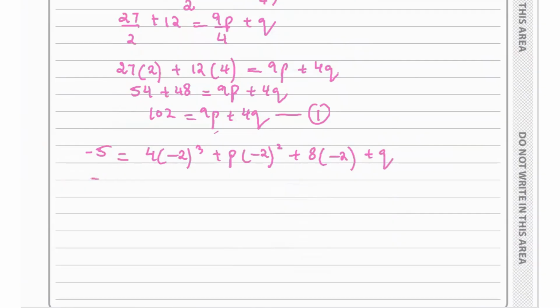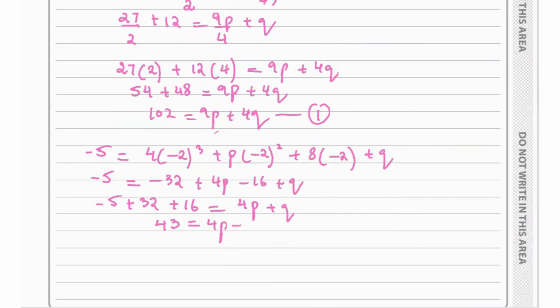That's going to be -5 equals 4 times -8, which is -32, plus 4p minus 16 plus q. That's going to be -5 plus 32 plus 16 equals 4p plus q, which is going to be 43 equals 4p plus q.